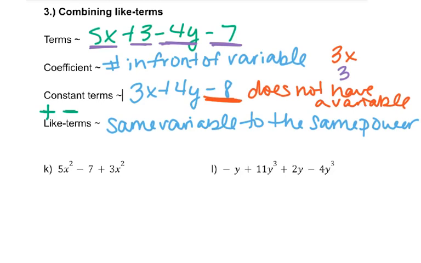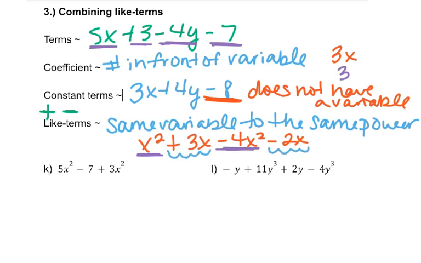So if I have x squared plus 3x minus 4x squared minus 2x. Well, my like terms would be my x squareds, and that would be one set of like terms, and then my other ones would be my 3x and my minus 2x.